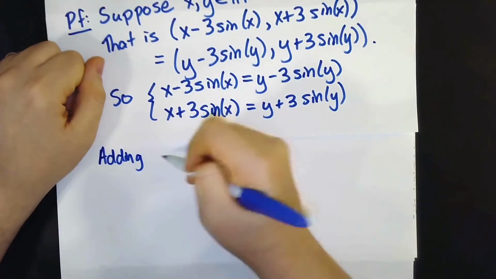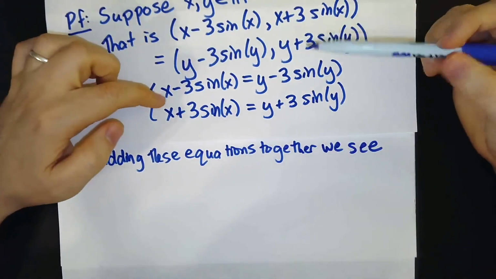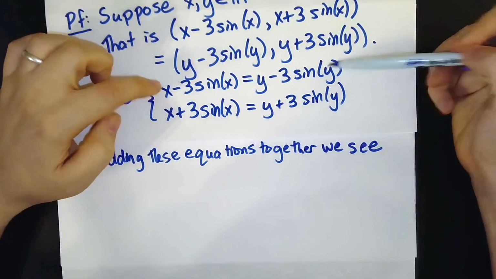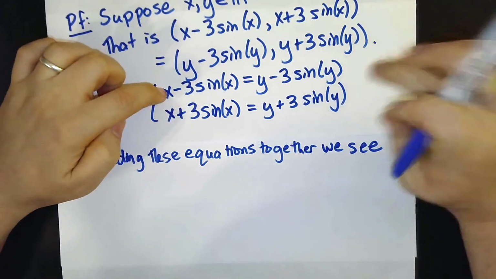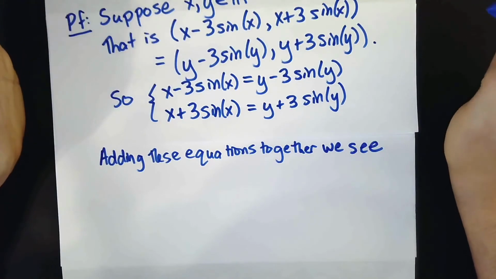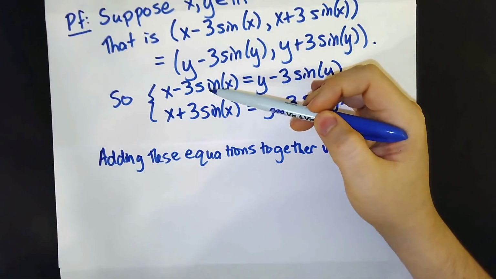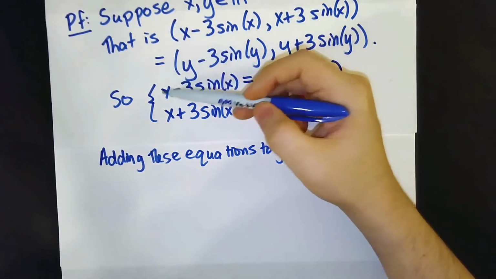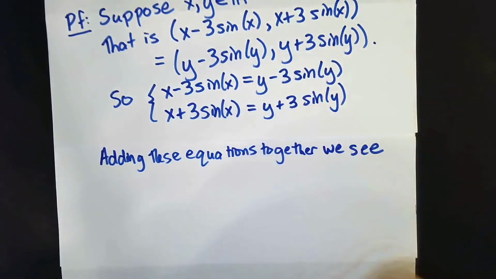So in this case, I want to add these two equations. That is to say, the left side equals the right side here, the left side equals the right side here. So if I add the left side here to the left side here, and the right side here to the right side here, then the thing should still be equal. And in fact, when I do that, there's a great deal of cancellation. Namely, when I take x minus 3 sine x plus x plus 3 sine of x, the 3 sine of x completely disappears.